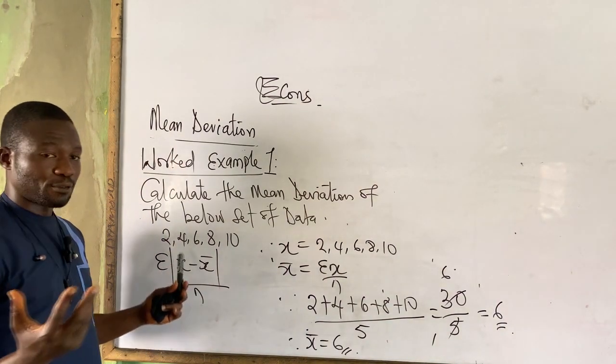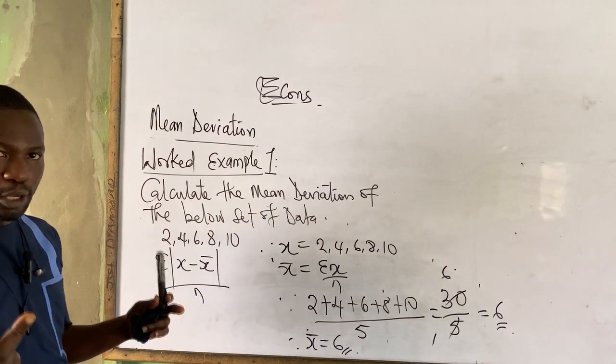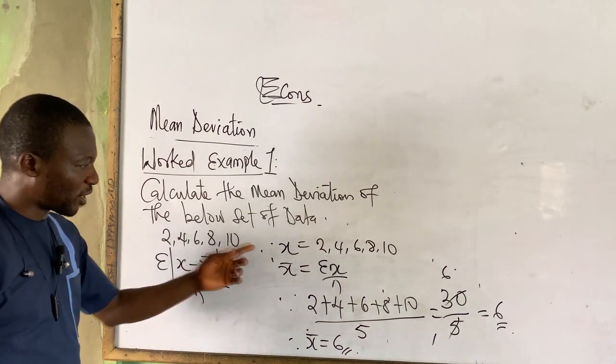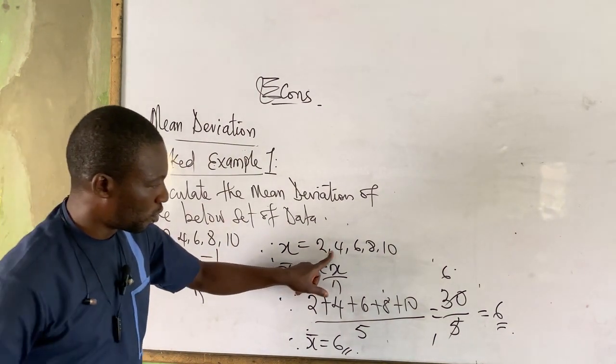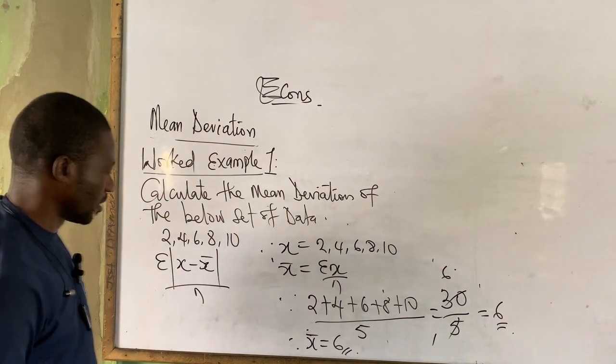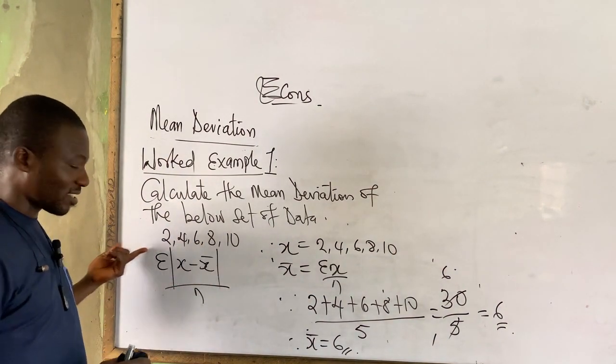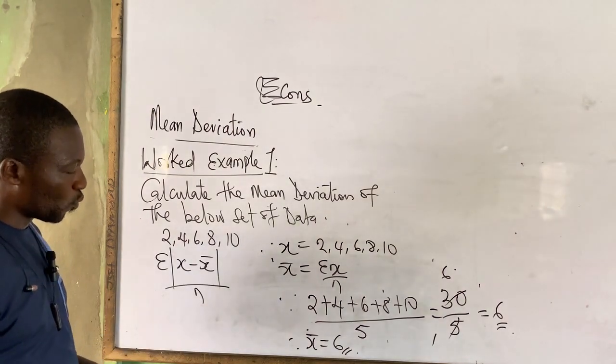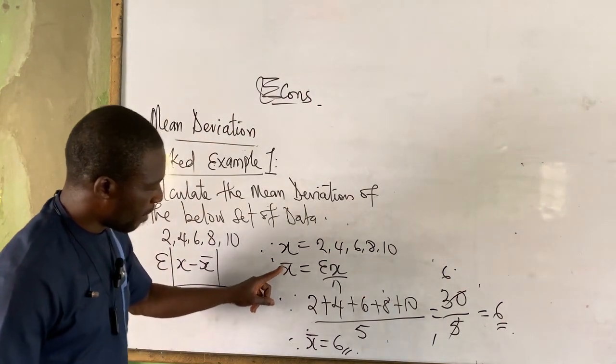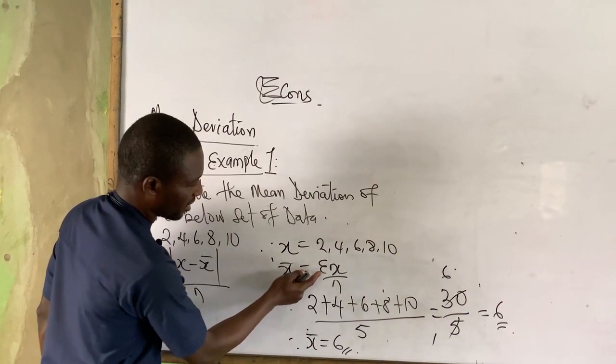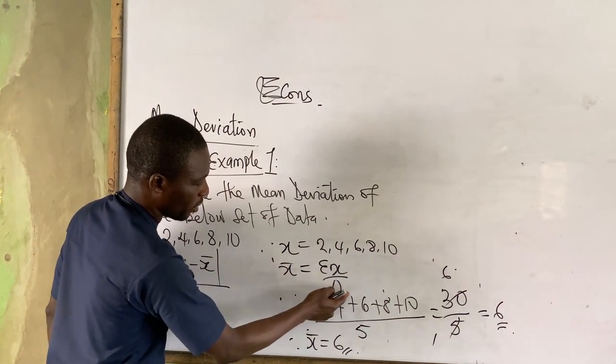Now, we have two variables we have gotten. The first variable is x, which is 2, 4, 6, 8, and 10. If you recall, I told you they are the data given to us. Now, we go back again to recall our bar x. Here we wrote it out that it is given as summation x all over n.